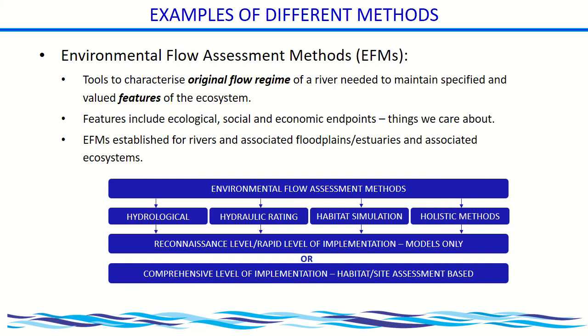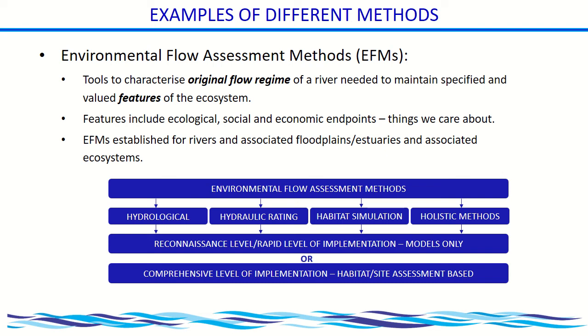Okay, heads up. Today we're going to move on from the principles. Remember last time we spoke about principles? It's important, guys, because those principles about equity and sustainability and sharing and evidence-based are very important in determining environmental flows. And all of those different principles have come together to give us this list of different environmental flow methods.